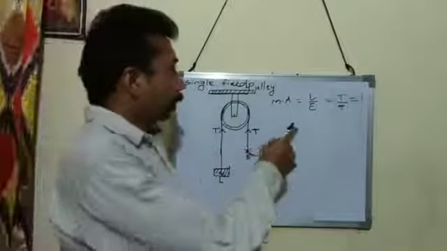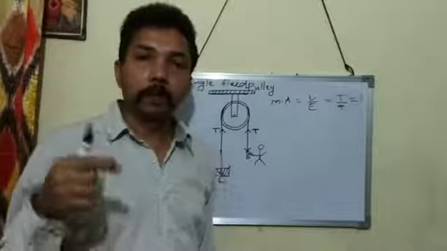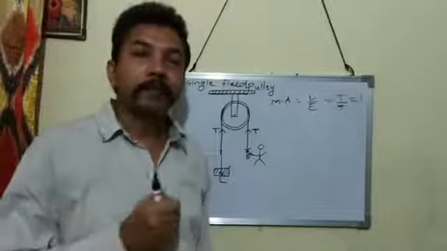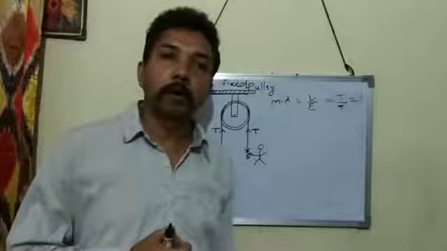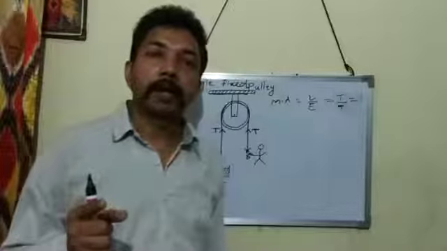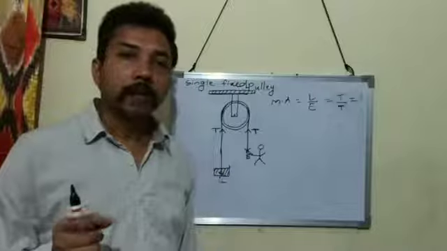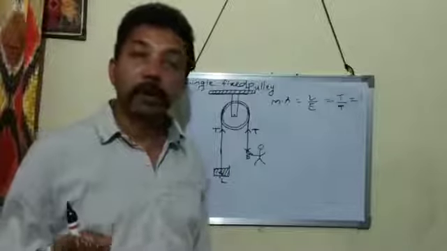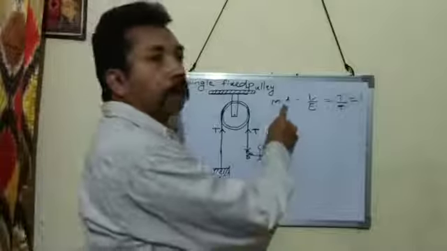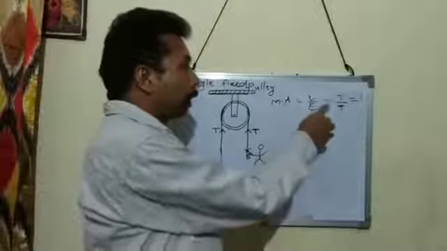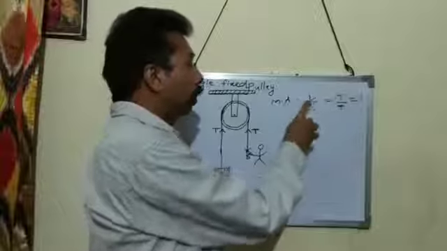Suppose that by using a single fixed pulley you have to lift a load of 100 kilogram force. Then how much effort is to be applied? You can use the formula: mechanical advantage is equal to load upon effort.